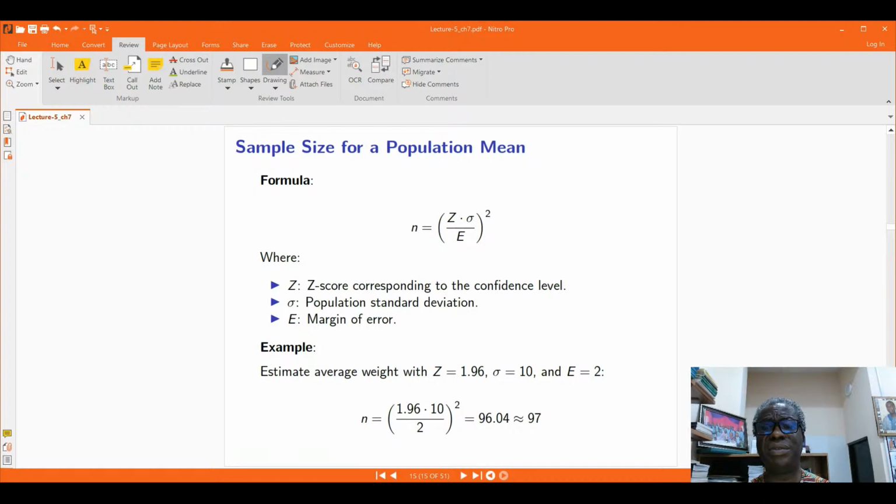So once you have those three quantities, you can just substitute and calculate the appropriate sample size for your study.